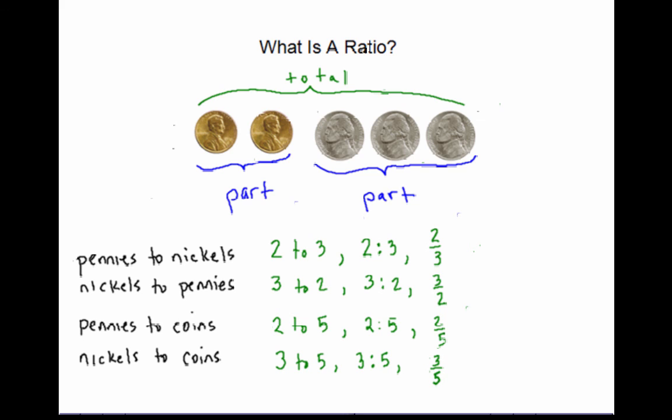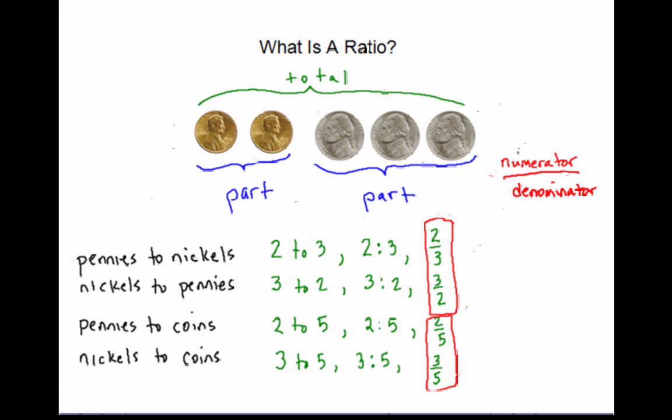When a ratio is written with a fraction bar, it's important to understand the difference between part-to-part ratios and part-to-total ratios. Now remember, fractions are written with a numerator and a denominator. The numerator represents a part.